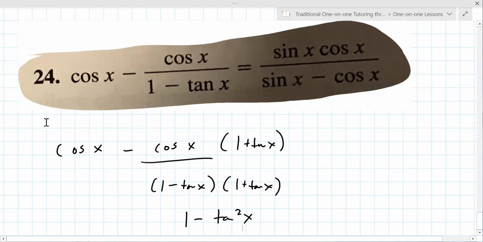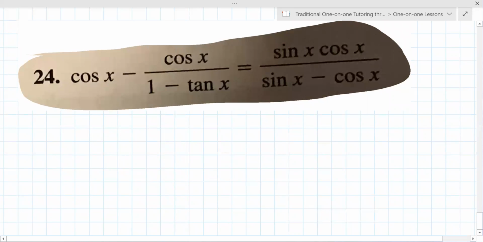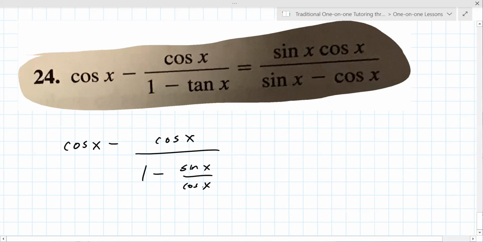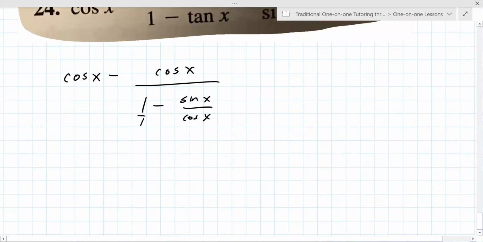So what's another strategy that you learned or something else that you might think to do here? One of the very first strategies is to write everything in terms of sine and cosine. Okay, yeah. That was my next guess, to use the whole tangent as sine over cosine. So we can make a common denominator here on the bottom.